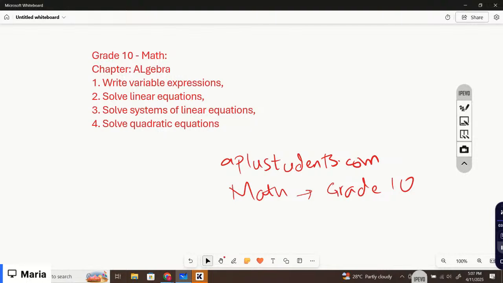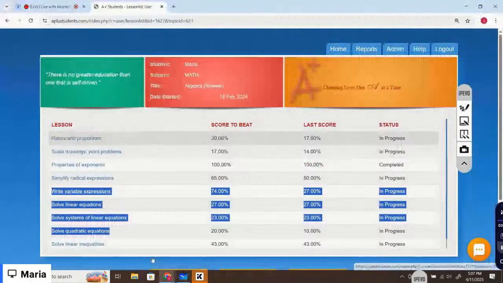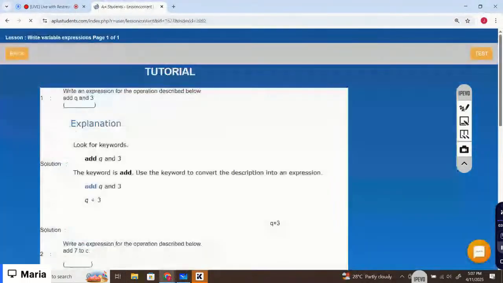So please make sure you have your notebook and pencil so that you can note down the important examples. The grade 10 math chapter we're on right now is algebra. Let's just start with the lesson that is write variable expressions.